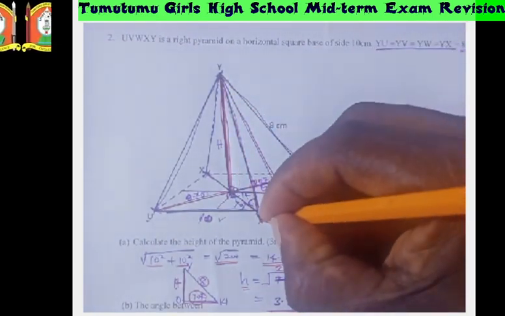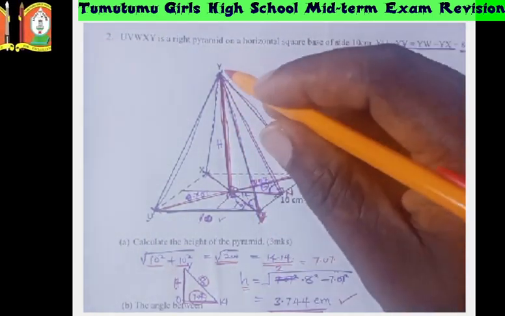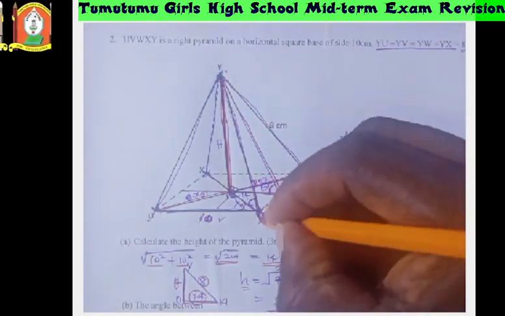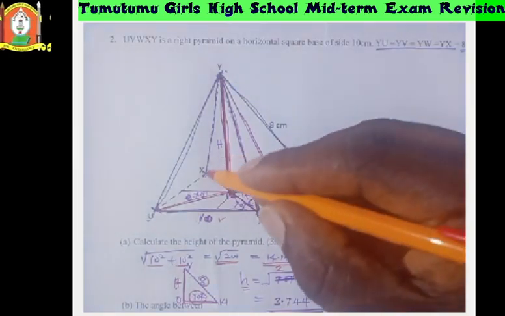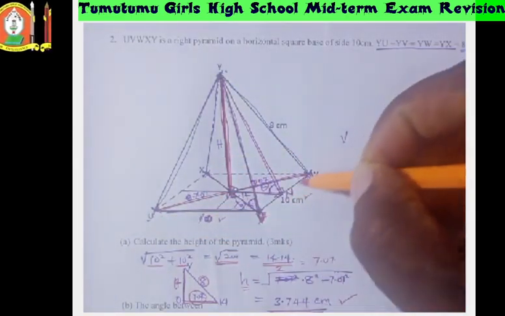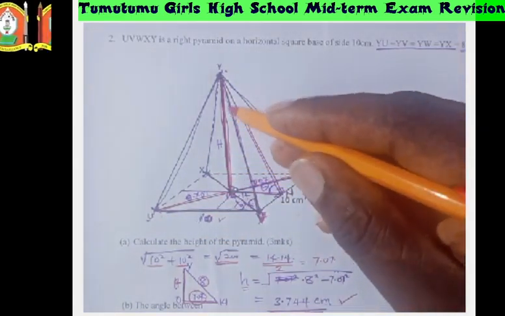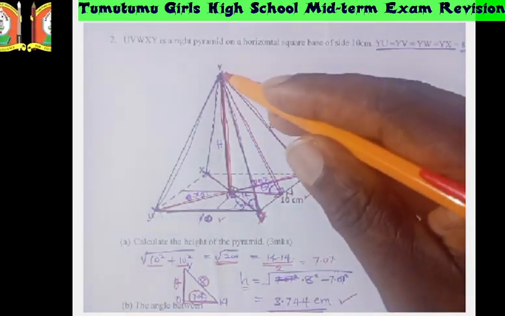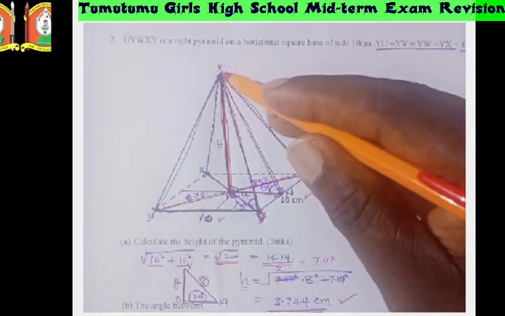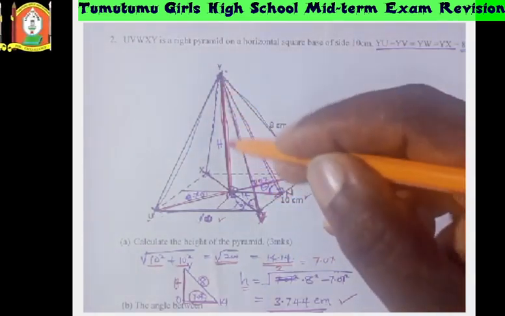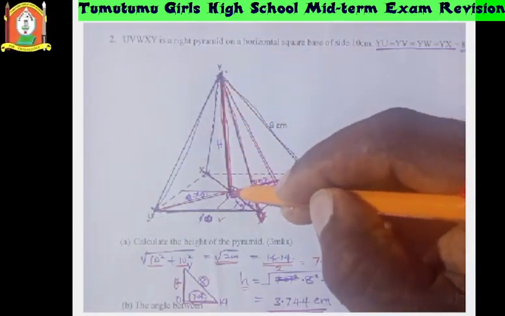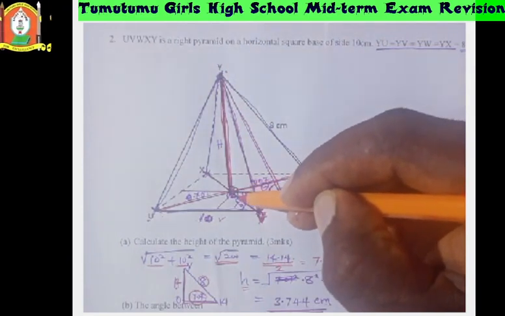So we look at the line VY. The common point between the plane UVWX and the line is V. We find the projection of the line VY on the plane. So we drop this to the plane.